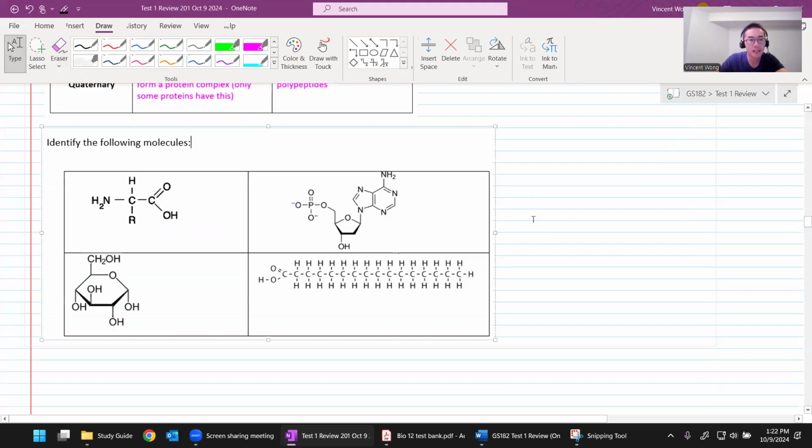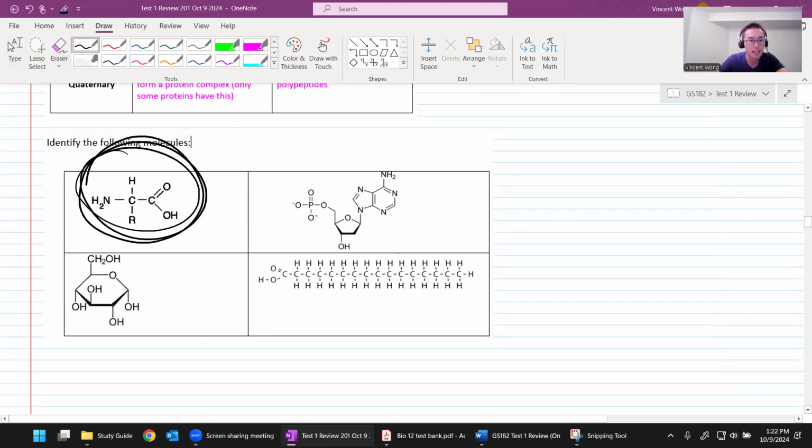All right, identify the following molecule. You've seen this so many times already. Do you recognize what molecule this is? That's right. This is an amino acid.